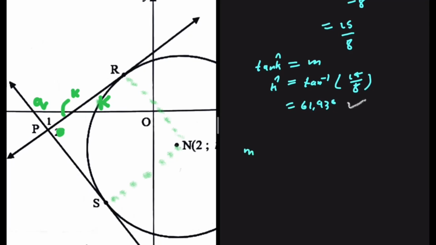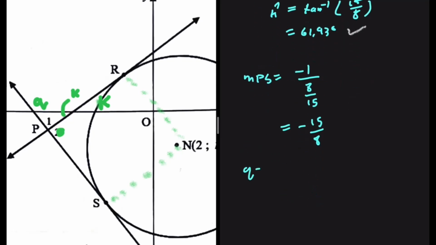So the gradient of PS will be equal to minus 1 divided by the gradient of NS. The gradient of NS is 8 divided by 15. So the gradient of PS will be minus 15 divided by 8.